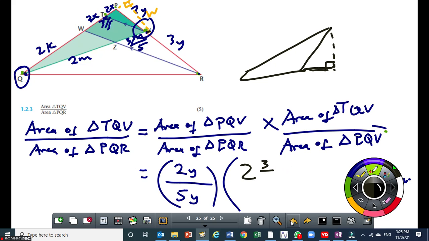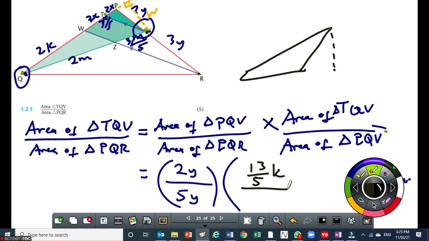Just help me, I'm going to do that. So it will be 13 over 5K divided by the area of PQV, okay, it is PQV now. It will be the length of PQ.